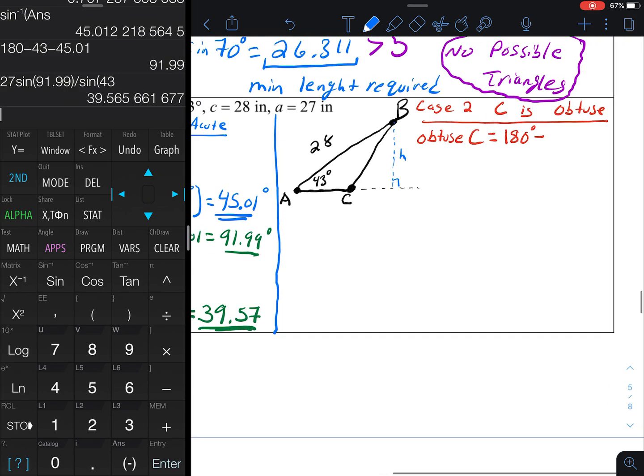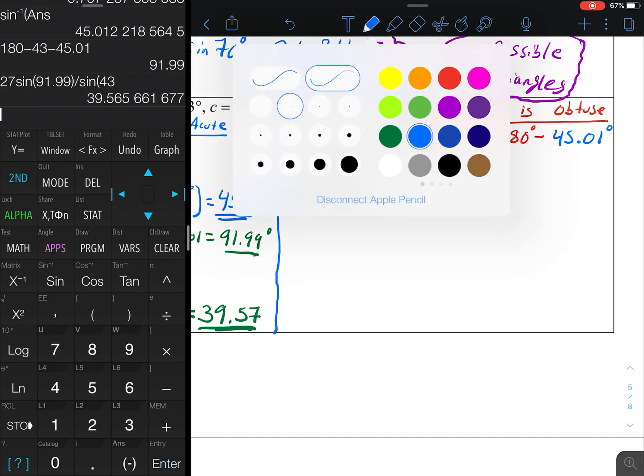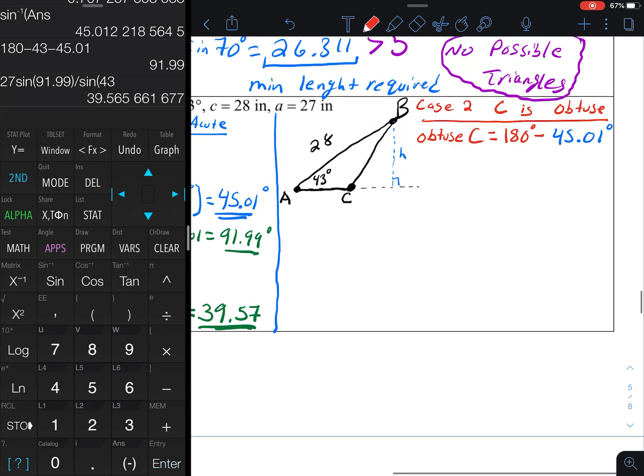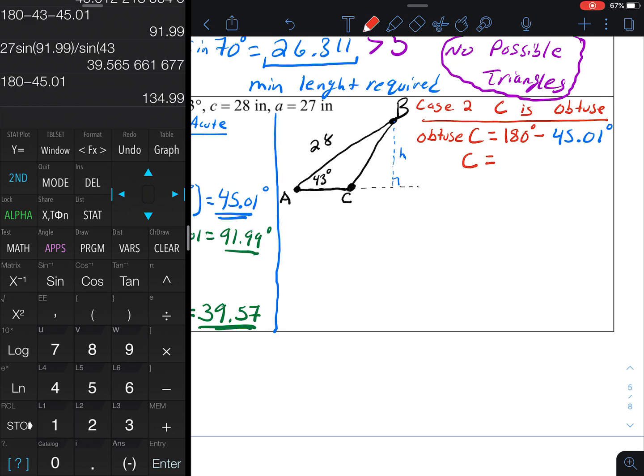So minus 45.01 degrees. And this is going to be the obtuse angle that we're going to use for C. And so C in this case, if C was obtuse, would be 180 minus 45.01. And so we get 134.99 degrees.